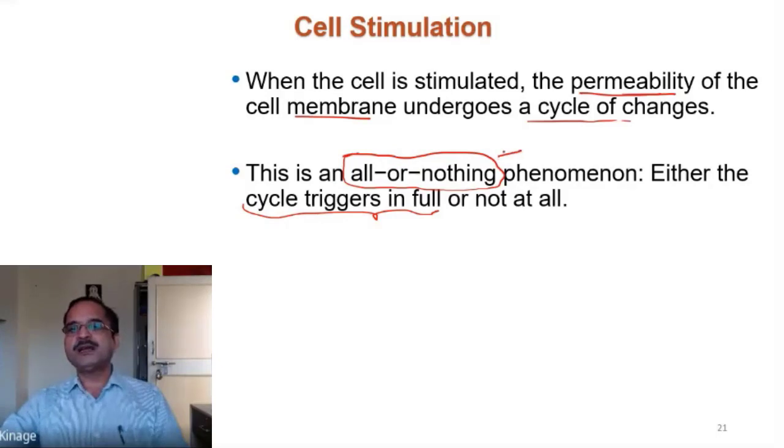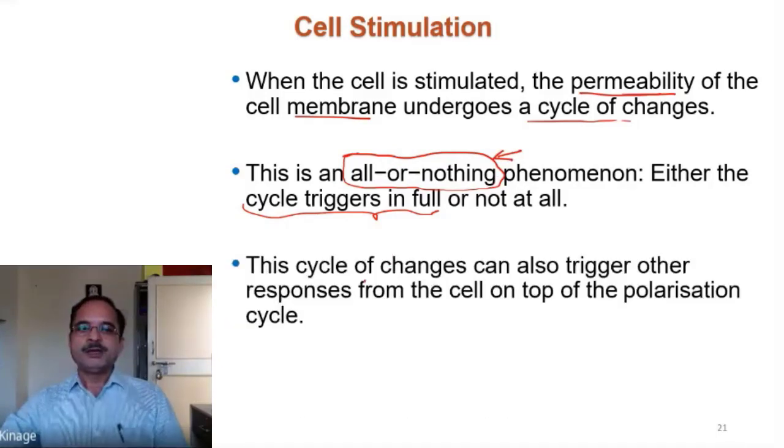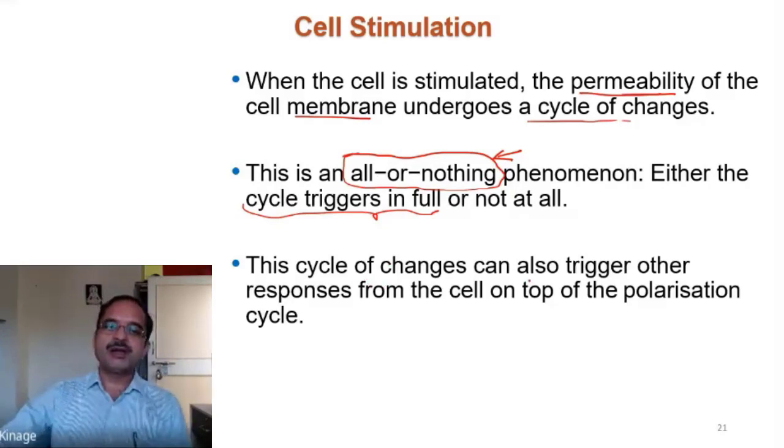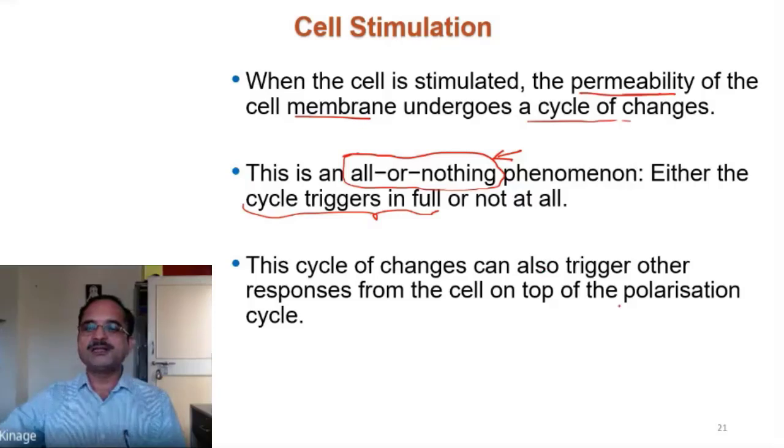We will discuss this later again in more detail, so it will be clear to you. This cycle of changes can also trigger other responses from the cell on top of the polarization cycle. Later, in the next lecture, we'll discuss what exactly we mean by polarization, and then you will come to know about this cycle.